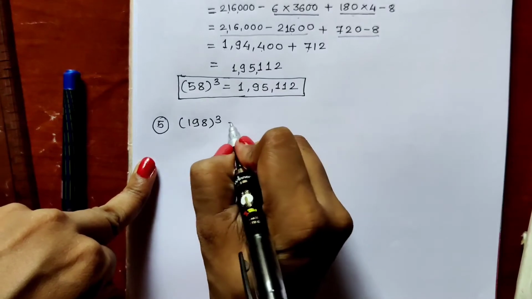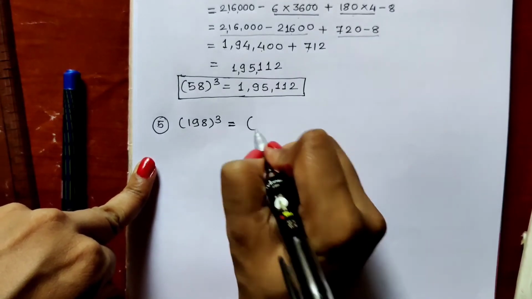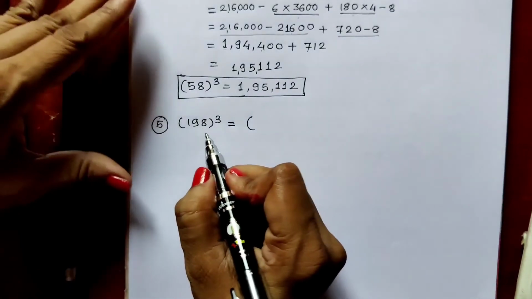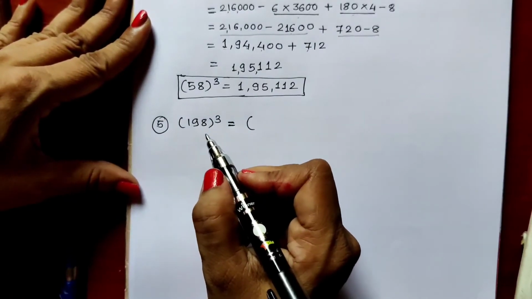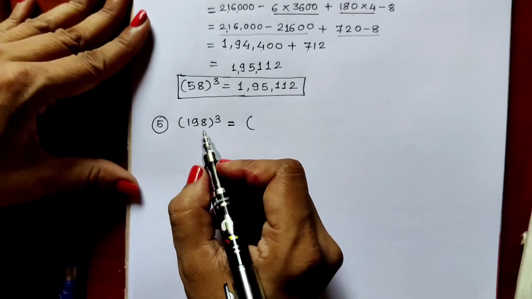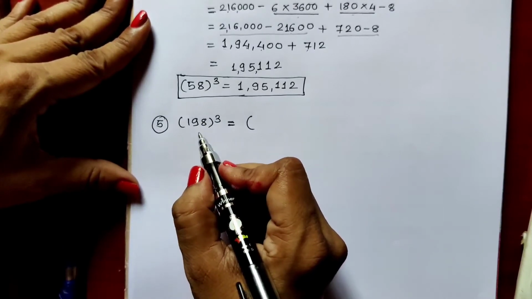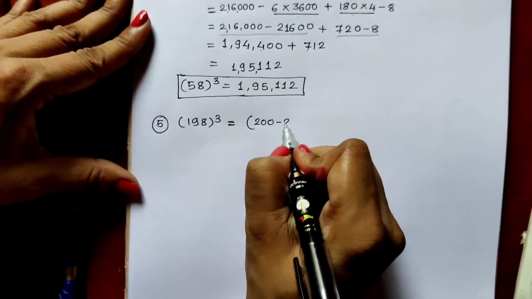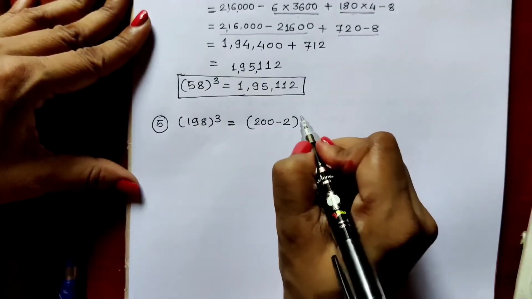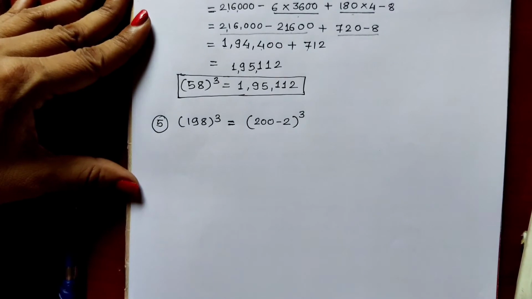So 198 cube can be converted into subtraction of two numbers, as 8 is in the unit place. 198, the very close number which has 0 in the unit place, is 200. And 200 minus 2 is 198, we all know. So 200 minus 2 whole cube.